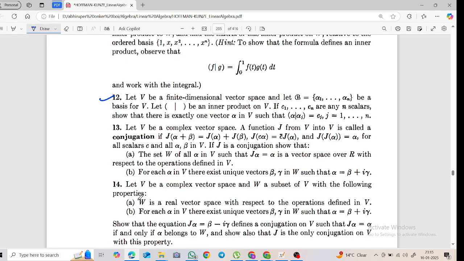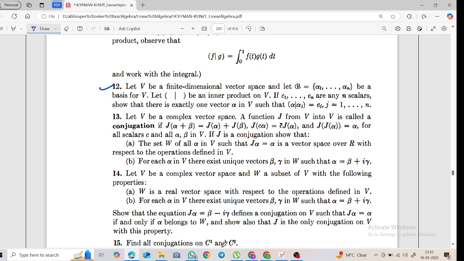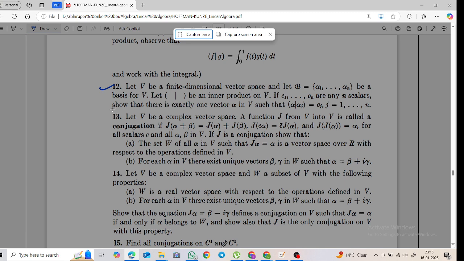Now let's do 30. See, you know about conjugation, right?